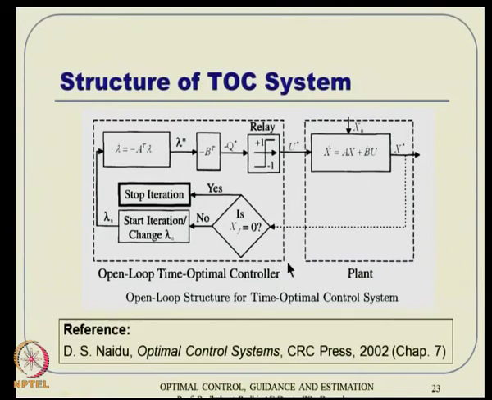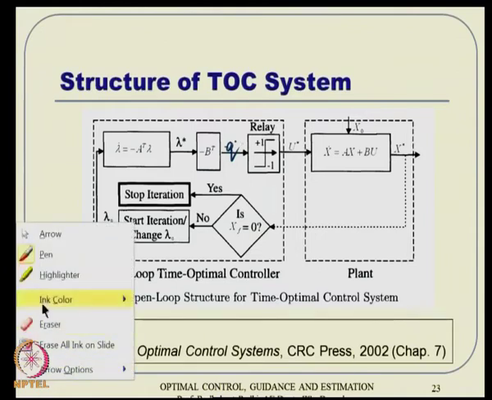Now, you can start this iteration: guess the lambda naught and go to this costate equation, find out lambda star, and then multiplying with that, you will get q star. Well, the book notation is big Q, but what you see here is small q. So, this is the negative q star.